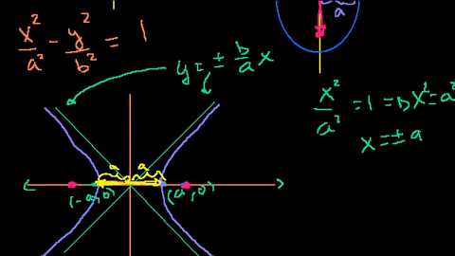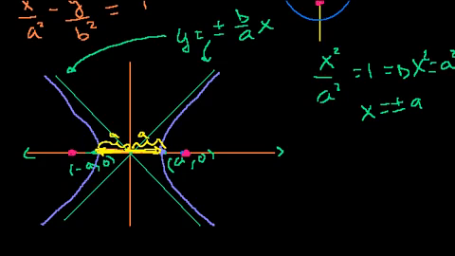Now one of the definitions of a hyperbola can be the locus of all points where you take the difference, not the sum, of the distances to the two foci. So let me write that down. If this is d1 and this is d2, we could take the absolute value of the difference, because at some points d1 will be longer than d2 if you're on this curve.